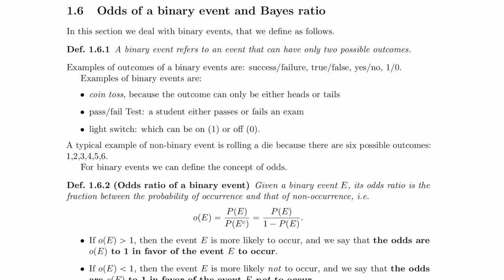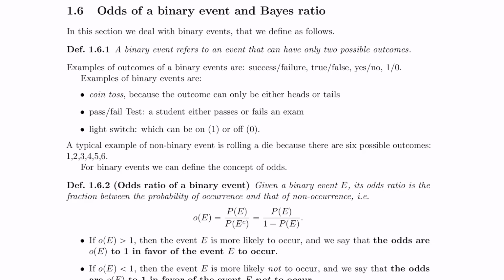First of all, let me tell you that a binary event is an event that can have only two possible outcomes. For example, success, failure, true or false, yes or no, 1 or 0, etc. Typical examples of binary events are coin toss, because the outcome can be either heads or tails; pass-fail test, because a student can either pass or fail an exam.